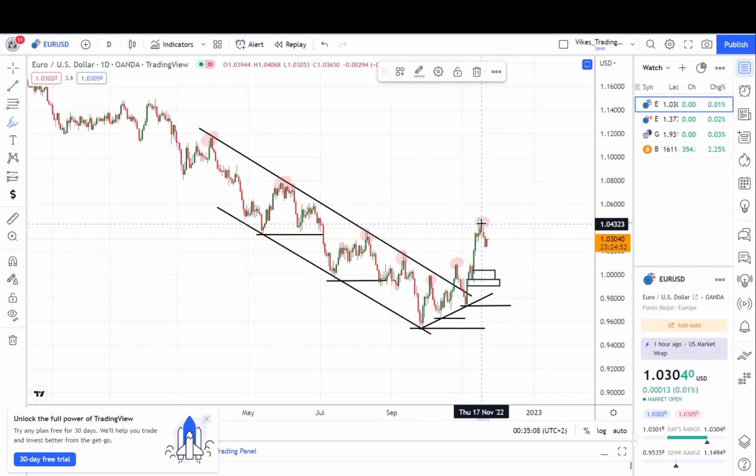So meaning that prices are now changing direction from bearish to bullish. So I'll be expecting that prices will be retracing to form a higher low, okay, before prices continue to push up.